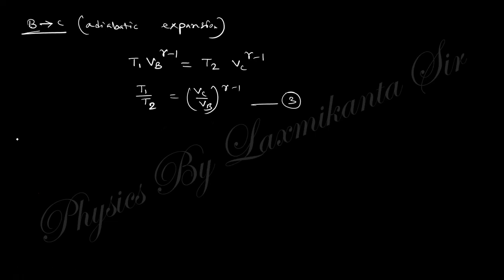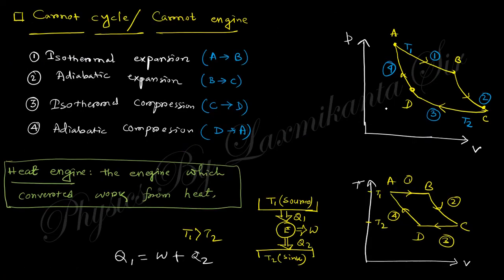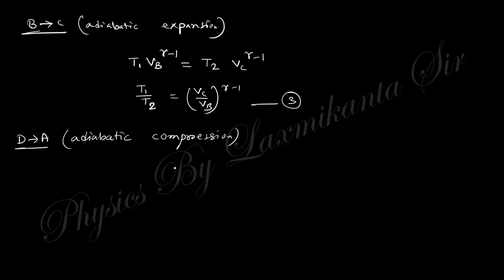For D to A, adiabatic compression, the temperature goes from T2 to T1, so you can see T1 Va to the gamma minus 1 equals T2 Vd to the gamma minus 1.